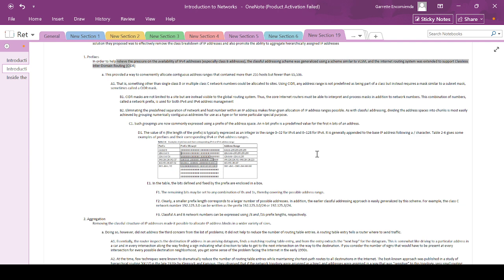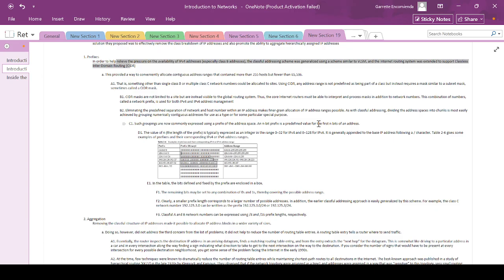So again, in order to help relieve the pressure on the availability of IPv4 addresses, especially class B addresses, the classful addressing scheme was generalized using a scheme similar to VLSM, which we discussed in the previous video, which provides more fine-grained allocation of networks and hosts.